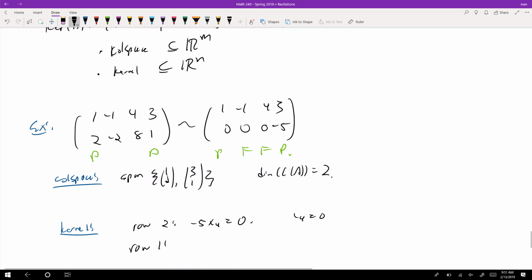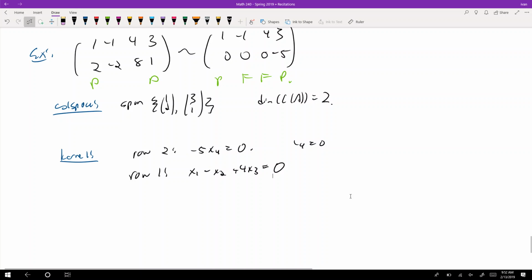Row 1 tells us that x1 minus x2 plus 4x3 plus 3x4 is equal to 0, but x4 is 0. So now x1 is equal to x2 minus 4x3.